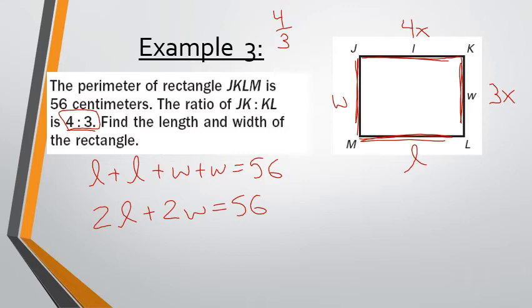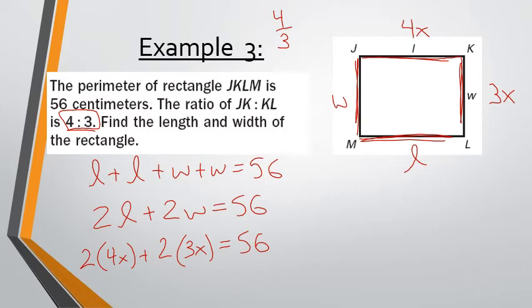Okay, so we're going to use this 4x and this 3x here. So what we're going to do is instead of L in my 2L, I'm going to write 4x. So it's 2, and then this will be a 4x in place of the L. And instead of the W, I'm going to write 3x. Again, this is accounting for the relationship that exists between the length and the width.